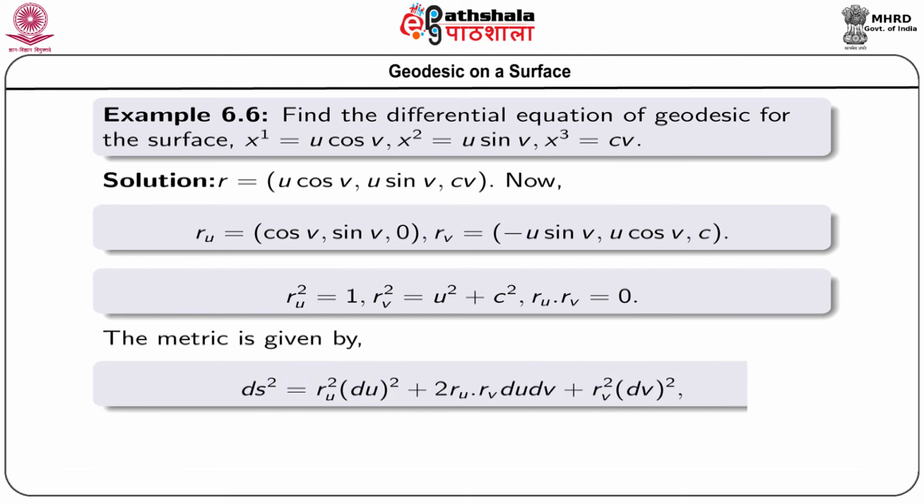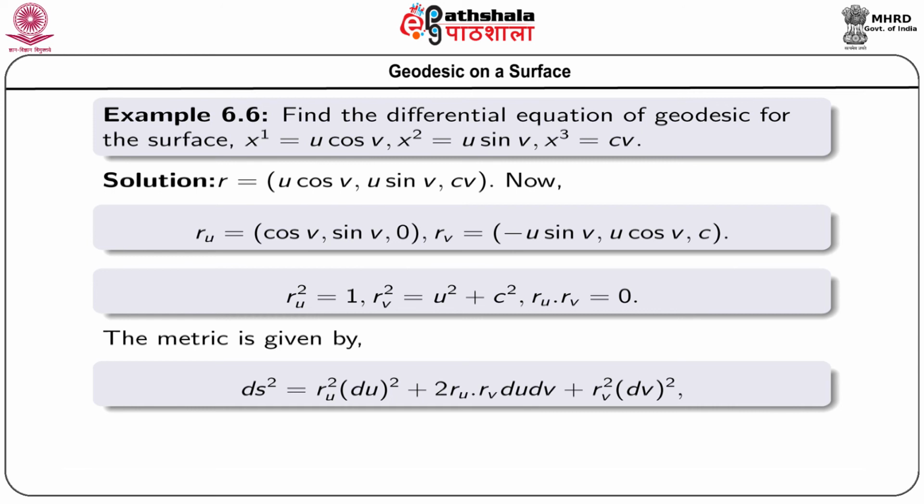So, the metric on the helicoid in vector form can be expressed as ds² equals r_u² du² plus 2 r_u dot r_v du dv plus r_v² dv².